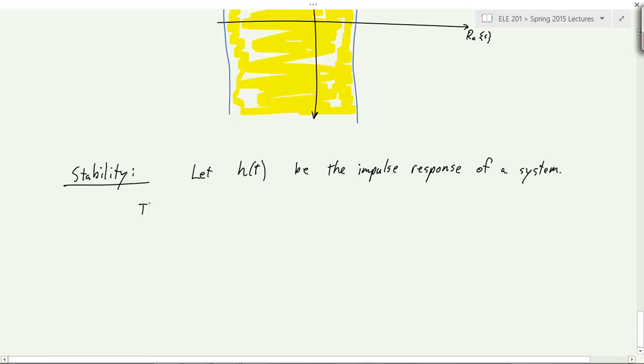And now what we have is the system is stable if the region of convergence of this Laplace transform, H of s, contains the imaginary axis.